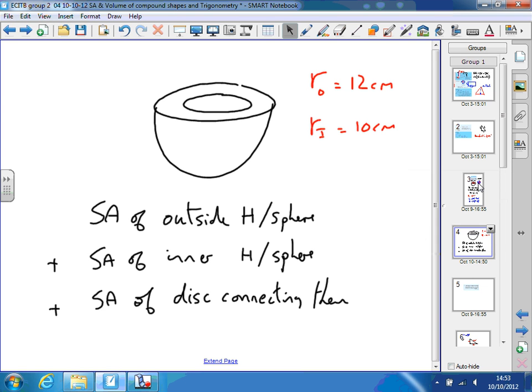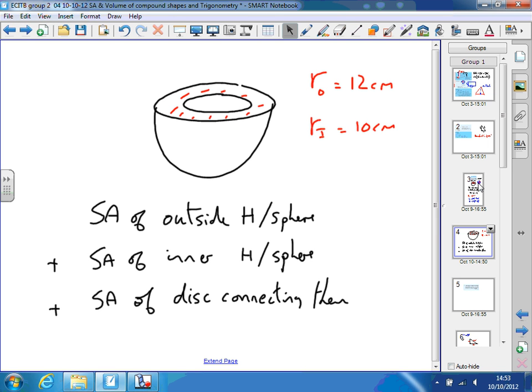So one plan would be to find the surface area of the outer hemisphere, surface area of the inner hemisphere, and the surface area of this disc connecting them, this bit here. Anybody come up with anything different? So now we've written down our plan, and that's a good plan, Matthew, okay? So we would go about doing it.